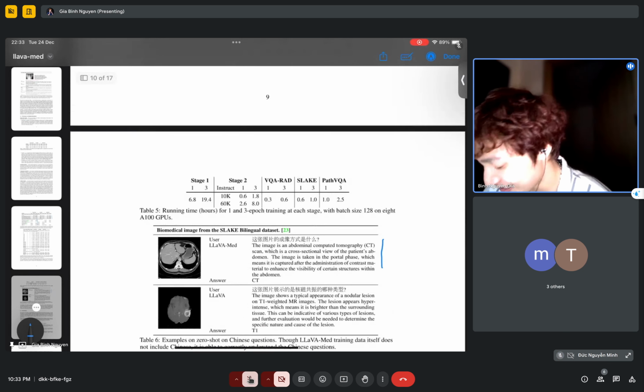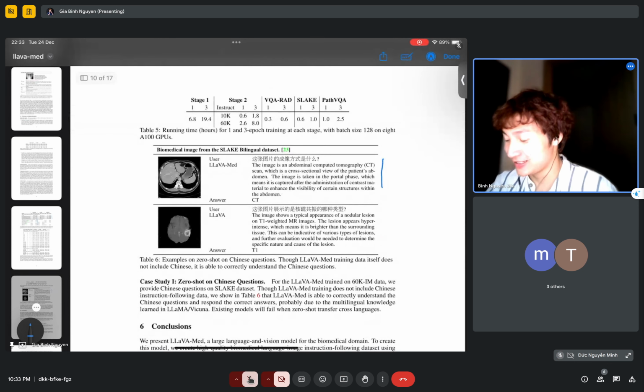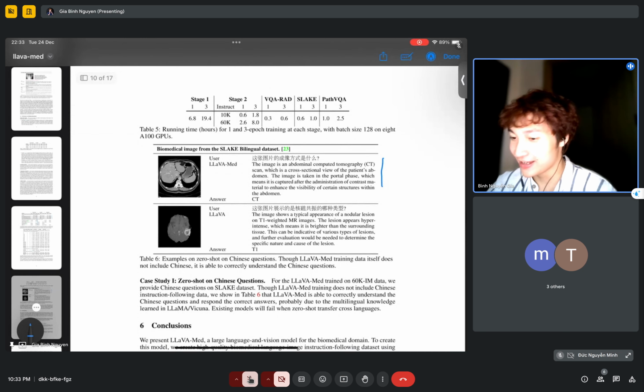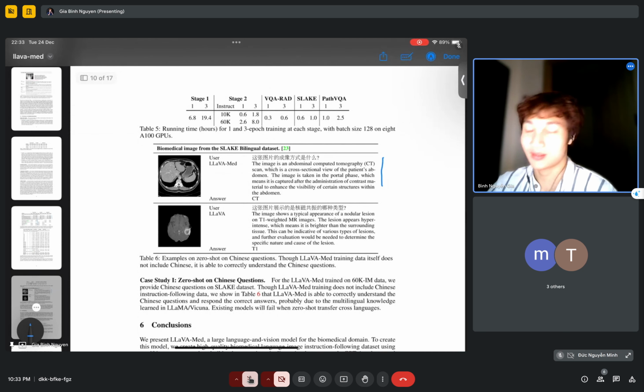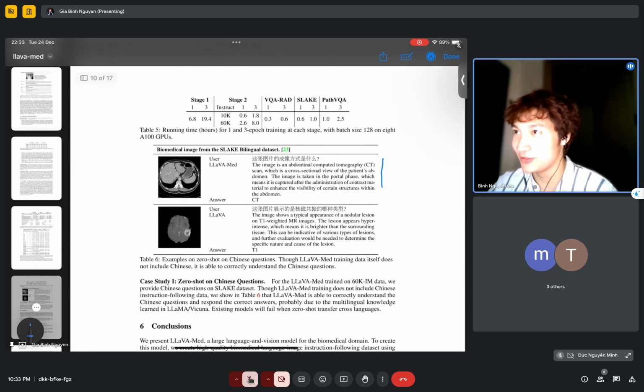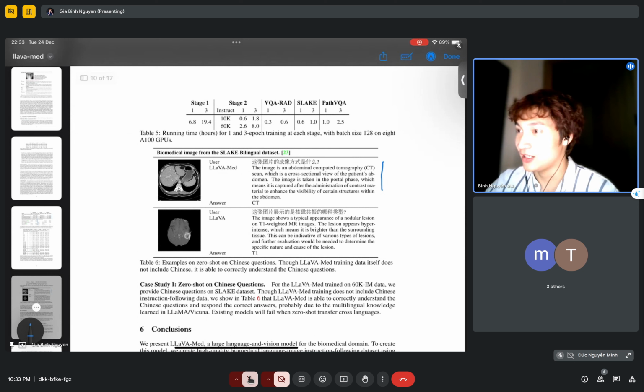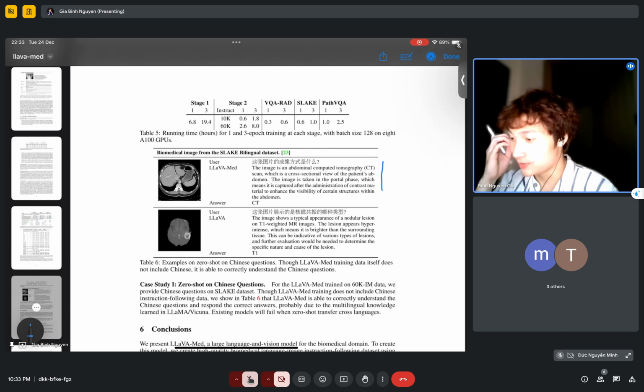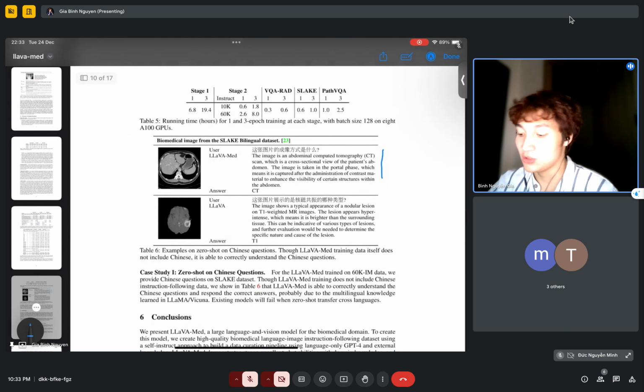Actually, I don't find any real drawback of this model, because in terms of the quality of output, you can compare it to other models and see it outperforms most of the datasets.